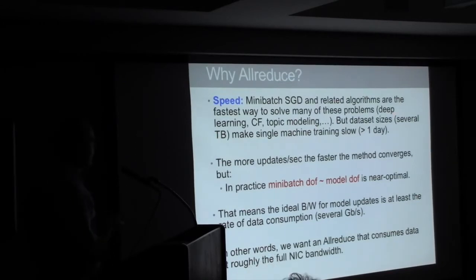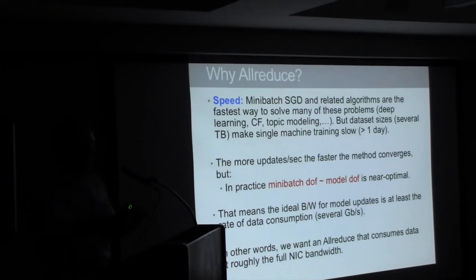We're trying to use these incremental gradients, and we want to go at pretty much the full speed of the network. Why is that? This is a folk theorem, but I can give some weak technical justification that the ideal mini batch size for many algorithms is a mini batch of data roughly the size of the model.